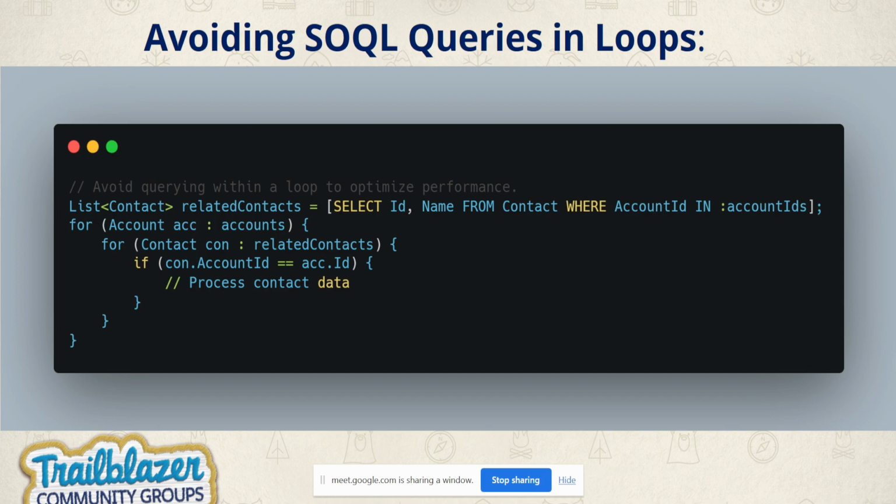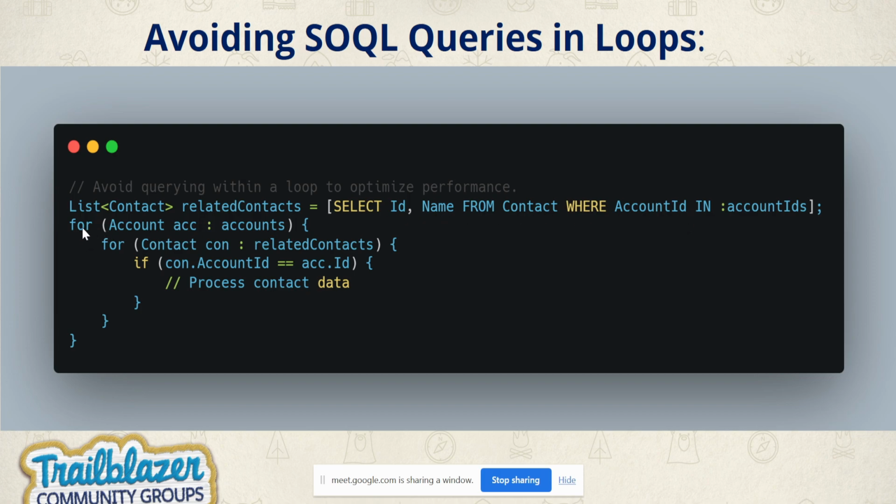Third way is avoiding SQL queries in loops, right? Suppose you have a SQL query like this, and you want to use it inside your for loop. I will also show you another example, but in this example please see this one: avoid query within a loop to optimize performance. Here you can see a list of contacts, related contacts, and this is the SQL query.